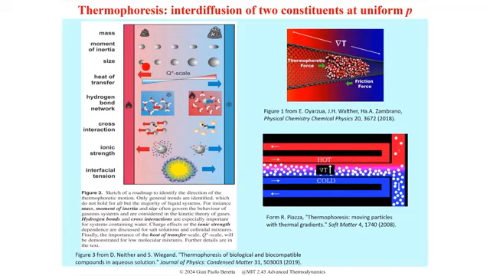In part, that is due to the size of the particles. And this nice article that summarizes thermophoretic mechanisms shows that there are many other mechanisms that drive the Soret effect, that control the Soret effect.